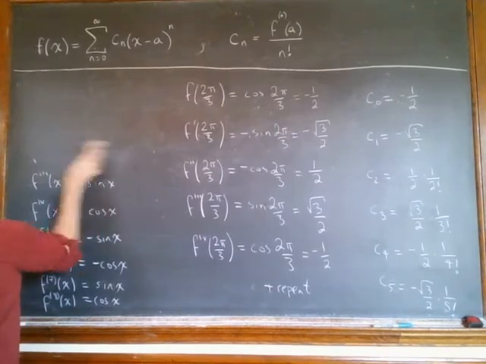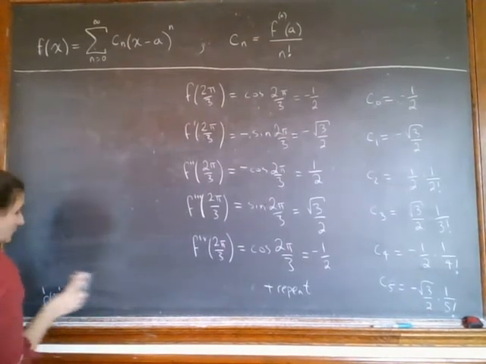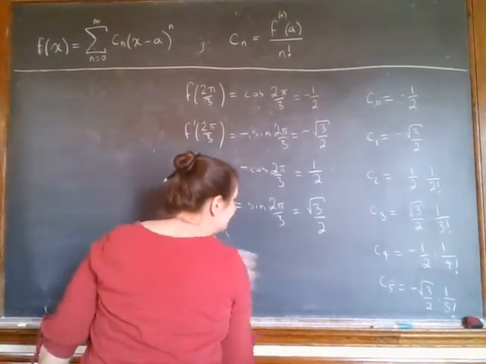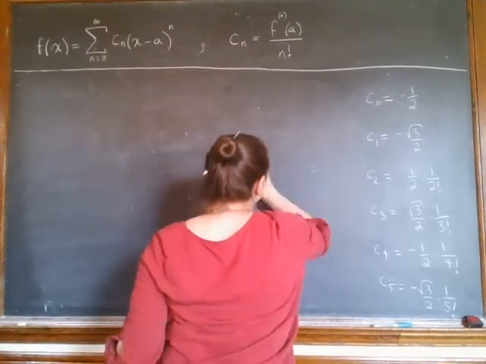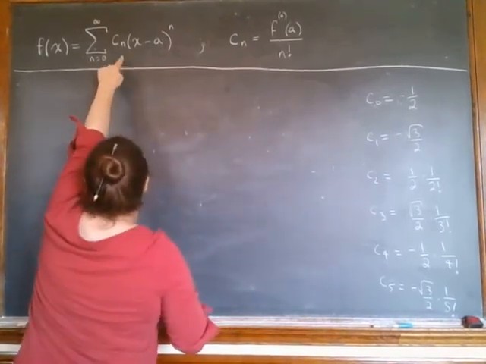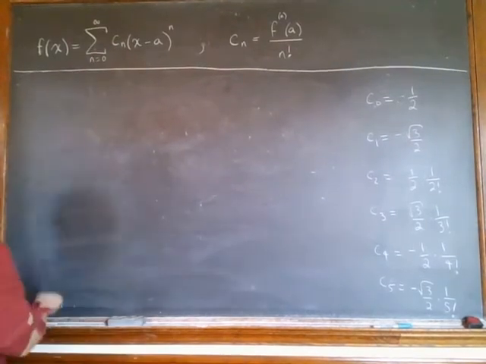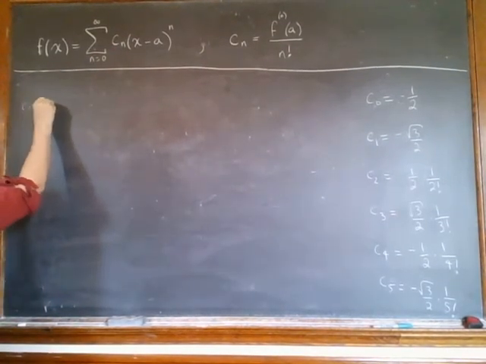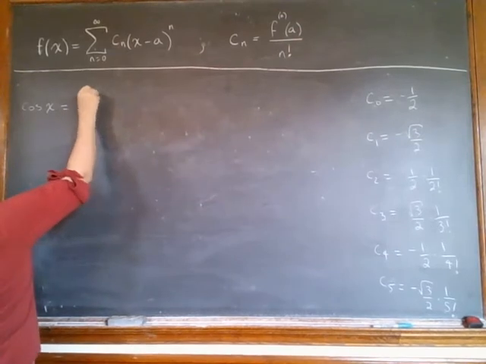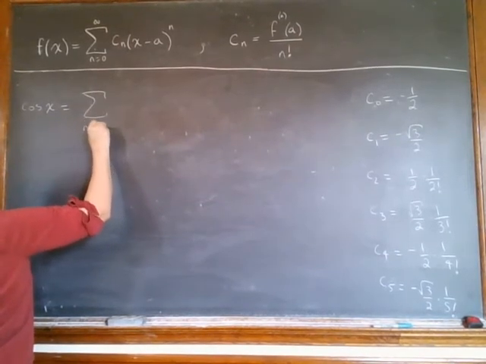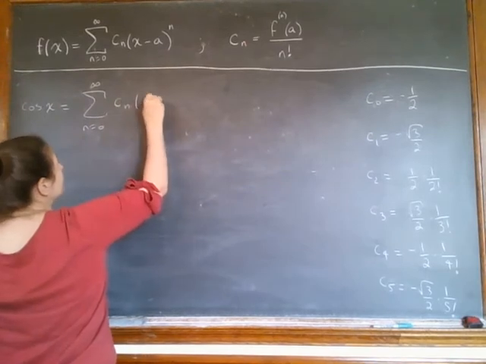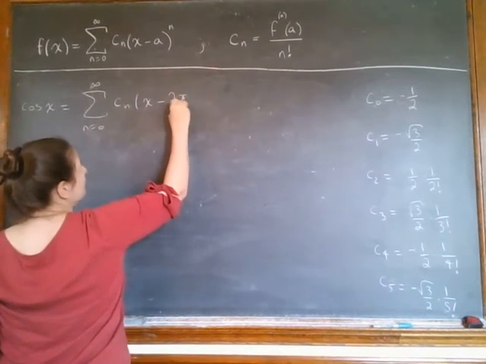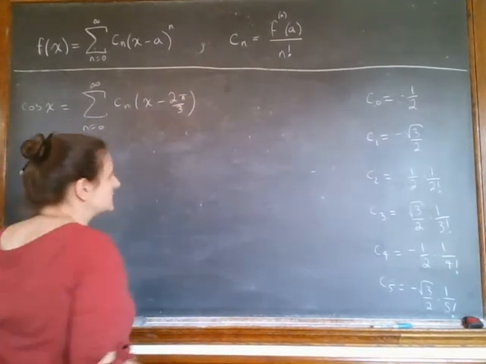So now if I just want to write these guys out, I have to remember that my form is going to be like this. So what I have is going to be cosine of x, the sum from n equals 0 to infinity, of cn times x minus 2 pi over 3, which I just erased, but it was there.